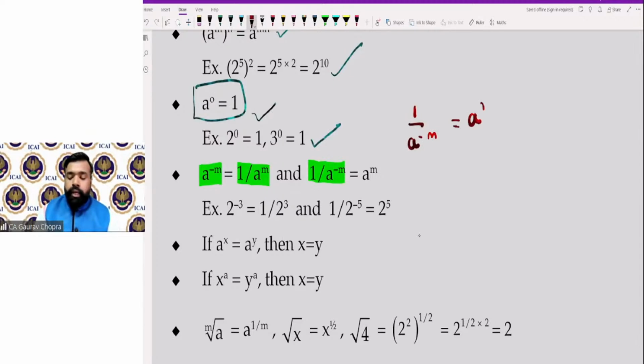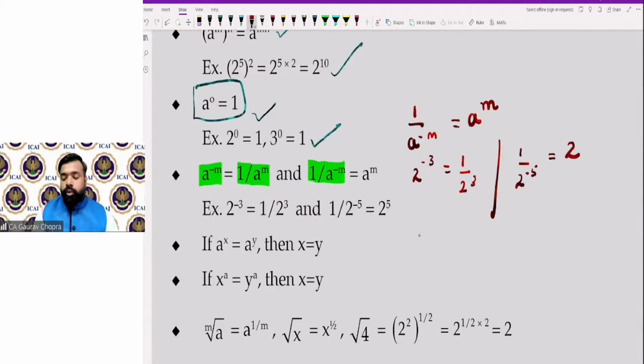So it will become a to the power of m. Okay. So 2 to the power of minus 3 can be written as 1 upon 2 cube. And 1 upon 2 to the power of minus 5 can be written as 2 to the power of 5. All right.